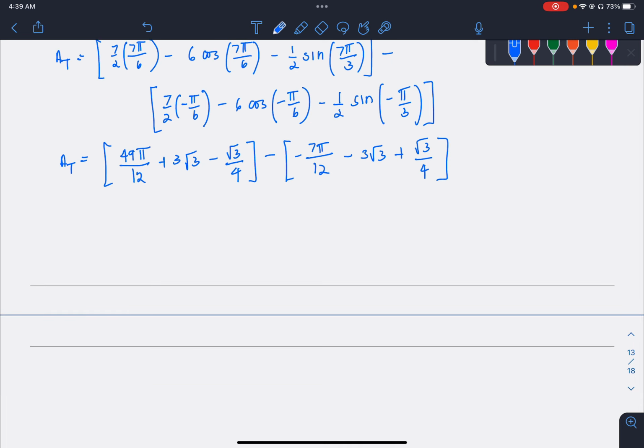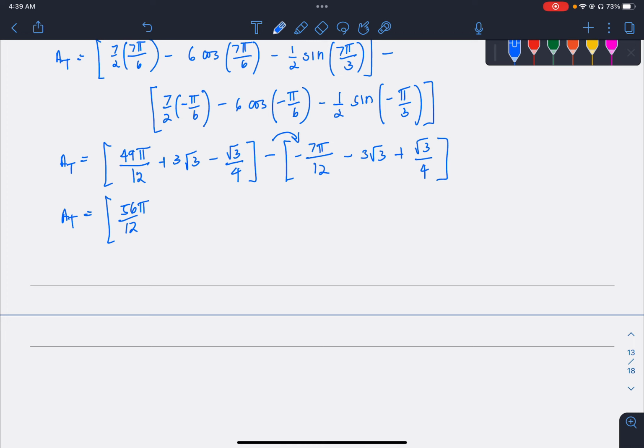And thus, combining, I'll combine these two. So this one distributes, that makes it positive. Okay, so 49 plus 7 is 56 over 12, so 56 pi over 12.